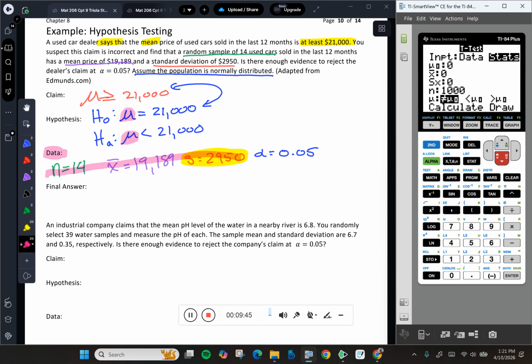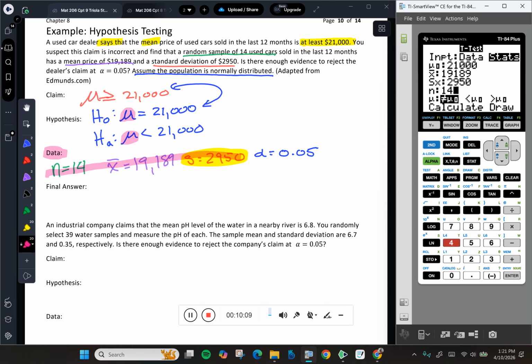Mu sub 0. Sub 0 means I'm looking for the equality statement from the null hypothesis, which means my equality statement was 21,000. X bar, my sample mean, was 19,189. My sample standard deviation Sx is 2,950. My sample size is 14.